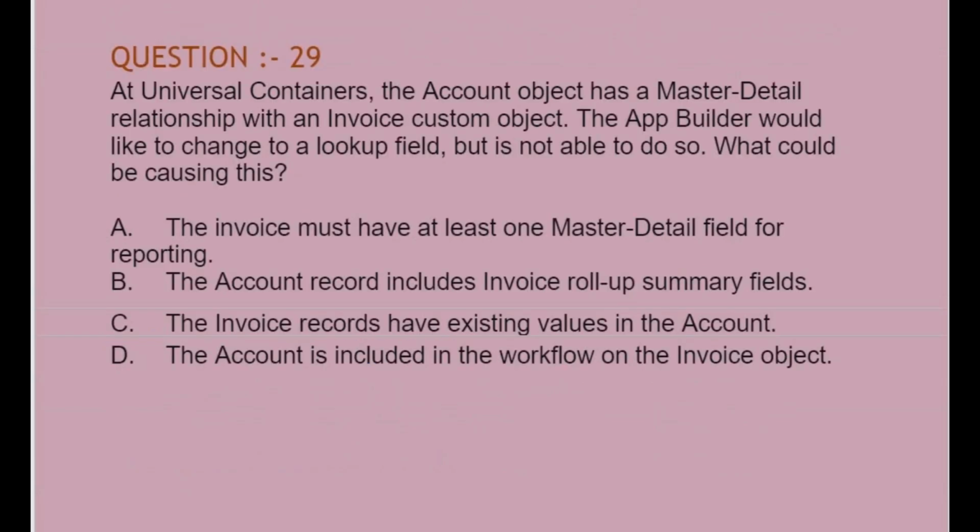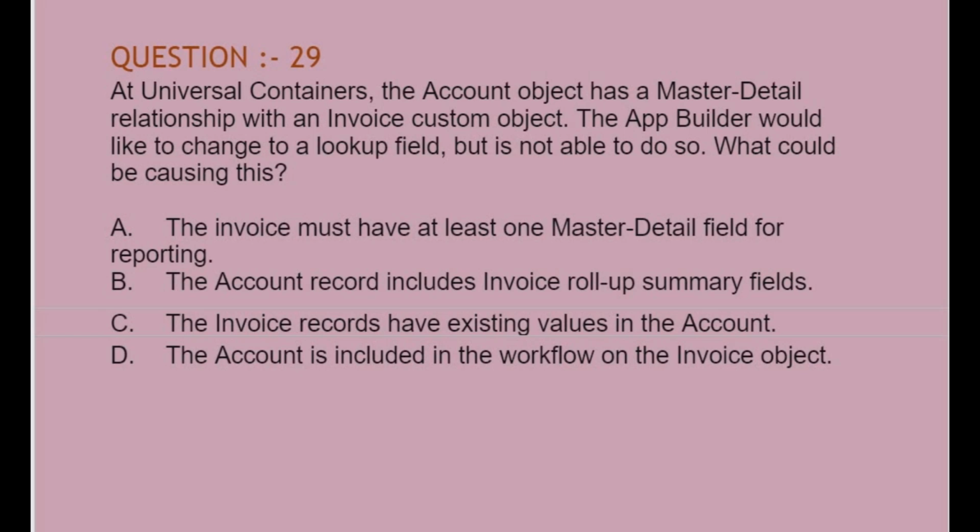Question is at Universal Containers, the account object has a master detail relationship with an invoice custom object. The app builder would like to change to a lookup field but is not able to do so. What could be causing this? Option A, the invoice must have at least one master detail field for reporting.